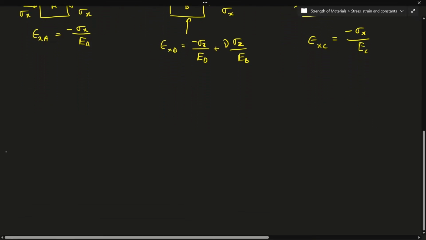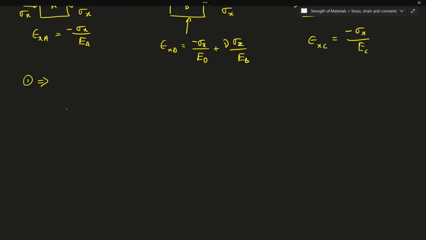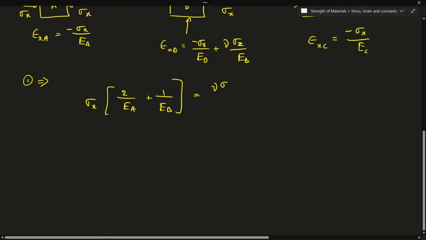Now if I substitute all of this in equation 1, I'm going to end up with sigma x into 2 by EA plus 1 by EB will be equal to nu into sigma z divided by EB.